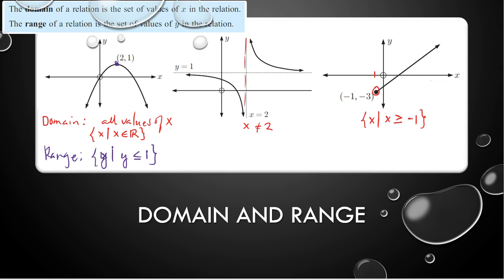How about here? As you can see here, I can use this notation also. And here, y such that y is not equal to 1. It is very near y is equal to 1, but it doesn't touch y is equal to 1.